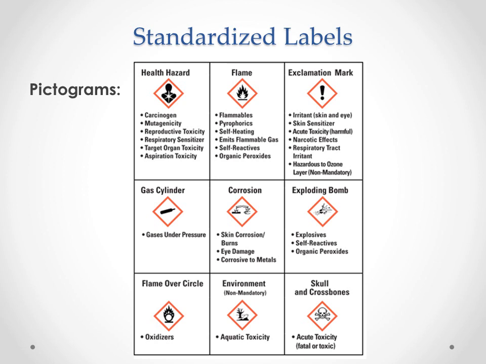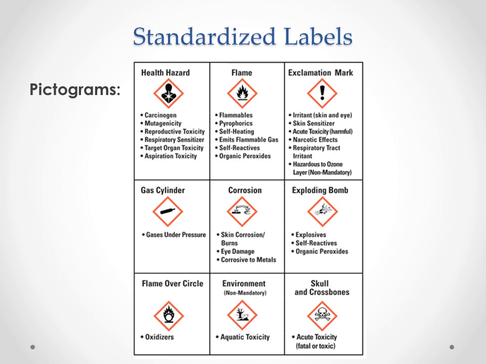Now let's go through these. Up in the upper right corner, you see that exclamation mark. This is a health hazard, but not as severe as some of the others. It indicates an irritant, such as to the skin or eyes, or that it might be a skin sensitizer. It could have some acute toxicity in that it could be immediately harmful. It might have some narcotic effects, such as causing you to become dizzy.